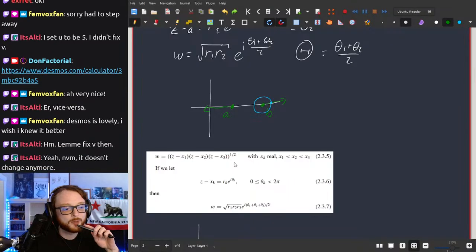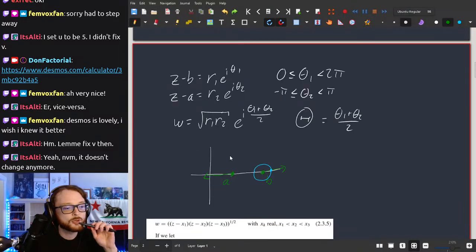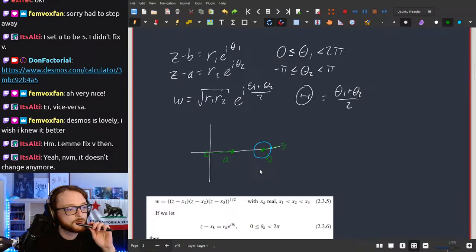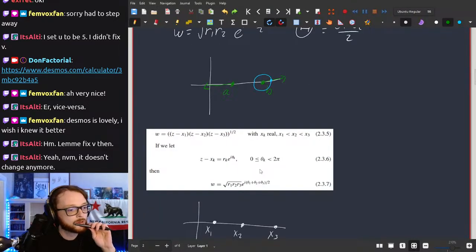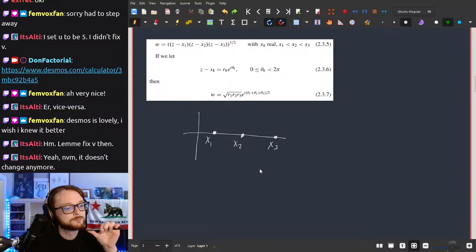Making GeoGebra might not be helpful. Doesn't change? Okay. It does depend on both. Okay. That's at least a hint.